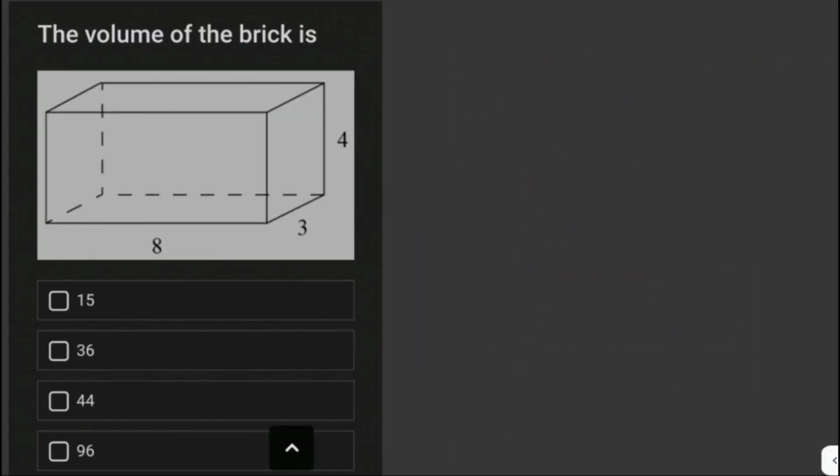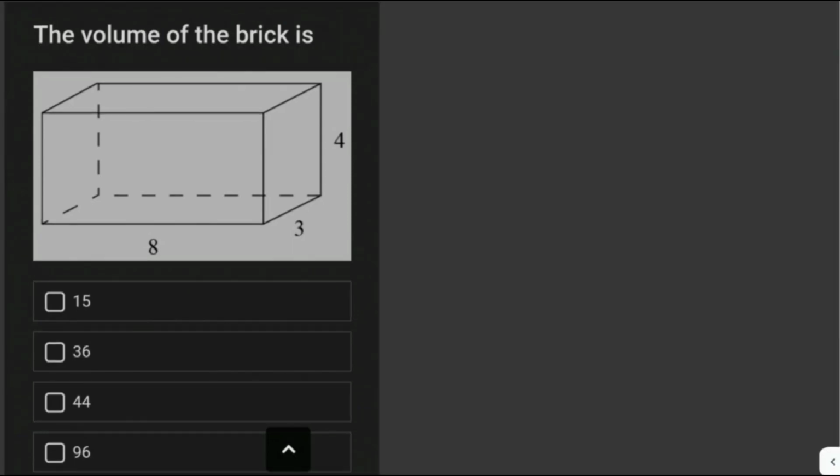Okay, let's solve another one here. The volume of the brick is. So we're given here the dimensions of the brick. Since the brick is a rectangular prism, then we can use its volume formula for a rectangular prism.